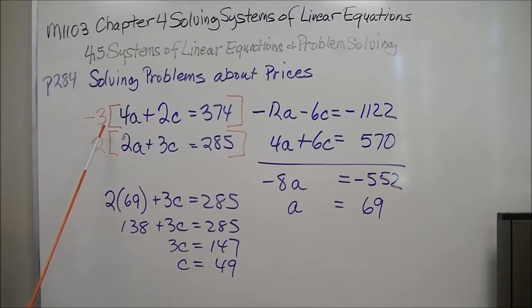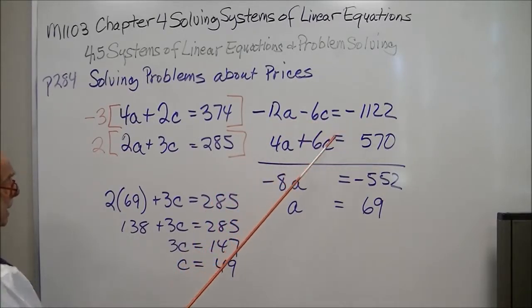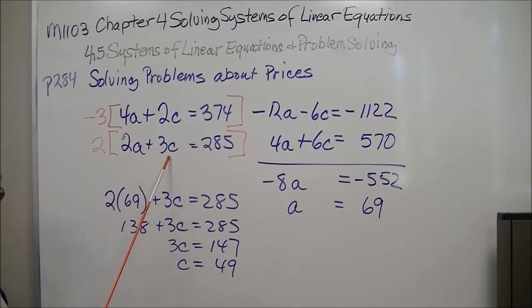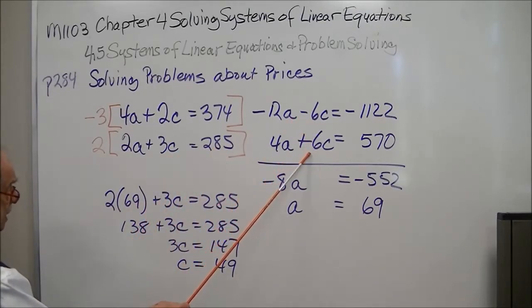I will modify this first equation by multiplying each term by -3, and this equation by multiplying each term by 2. Notice what I'm shooting for is I'm going to get the c's to cancel out. So this is a -12a, -6c, a -1122. This is 4a, 6c, what I'm looking for, and then 550.